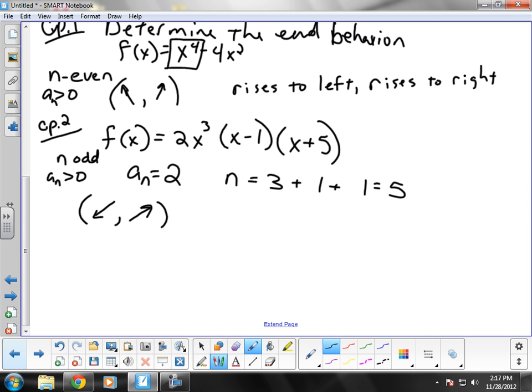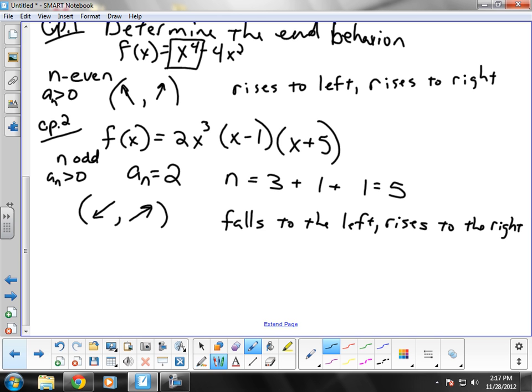So that falls to the left, rises to the right. You do need to memorize those 4 sets.